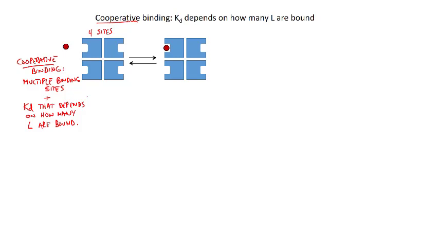So you can imagine that we have our ligand and we have our binding site, but you'll notice that our ligand is round and our binding site is kind of square. So our protein doesn't bind our ligand very well. So we've got a relatively high KD for binding, at least at first. So a ligand binds, but it binds kind of weakly. The equilibrium kind of favors dissociation.